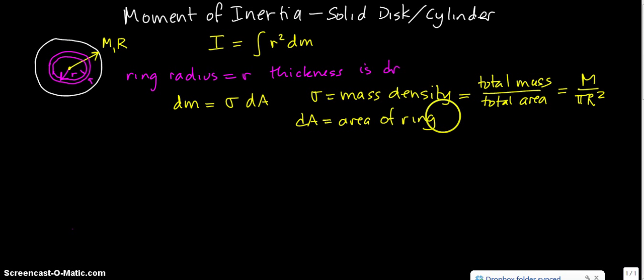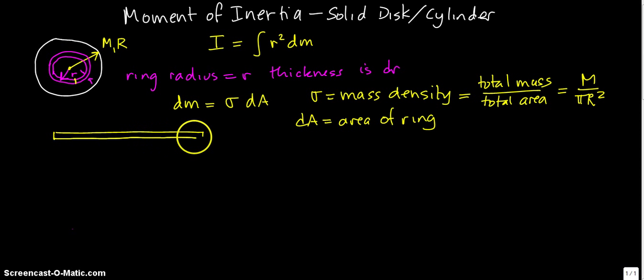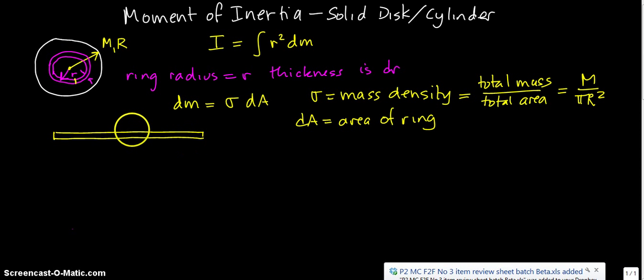Now the area of the ring is relatively easy to follow if we make an assumption, and that is that dr is relatively small. So basically, if we slice this at one point, we can stretch it out, and the dr is small enough that the inner radius and outer radius are pretty close, and this can be estimated to be a rectangle.